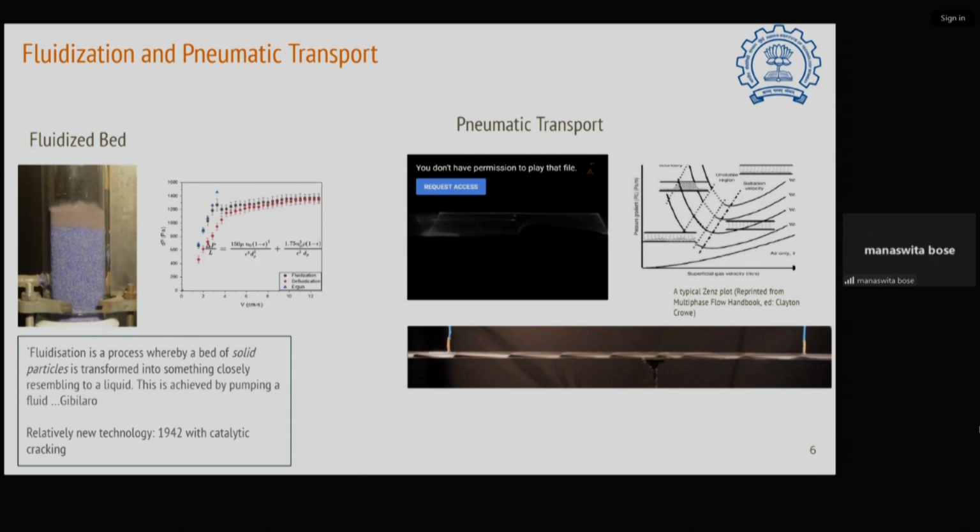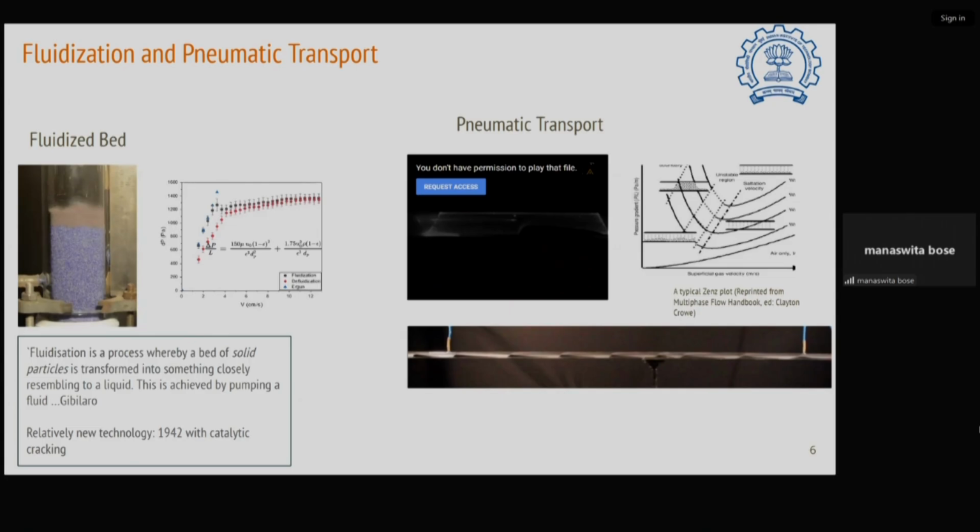As we keep increasing the air velocity, the pressure drop keeps increasing. Suppose when the air velocity was 2 centimeter per second, there was a corresponding pressure of around, say, 650 Pascal, and then it kept increasing. The pressure drop kept on increasing, and then there was a point where the pressure drop was high, and then within the error bar, the pressure drop was almost constant. Okay. Now, why does this happen?